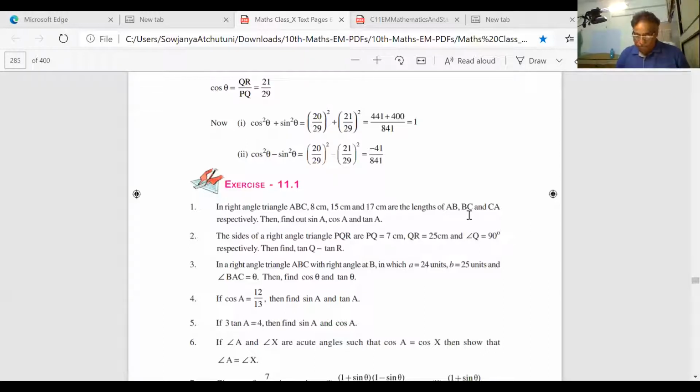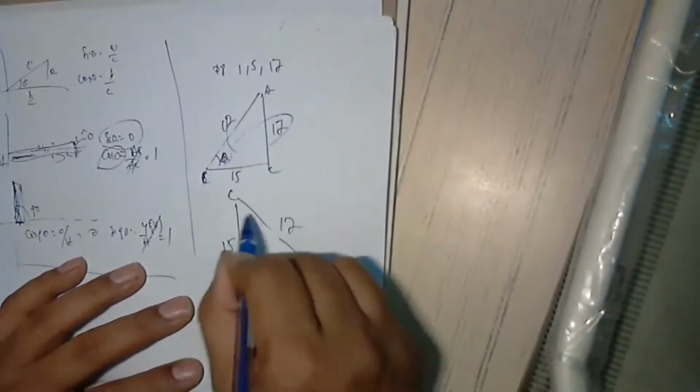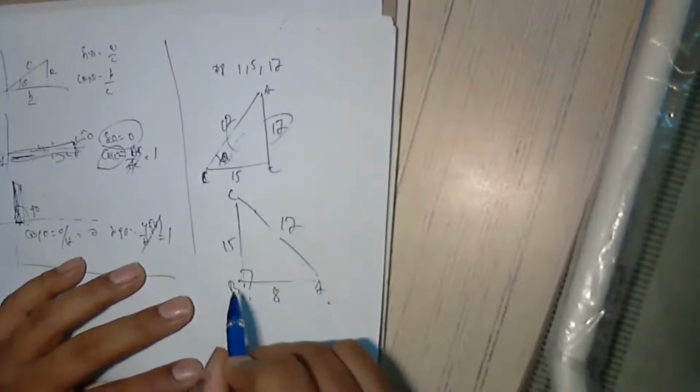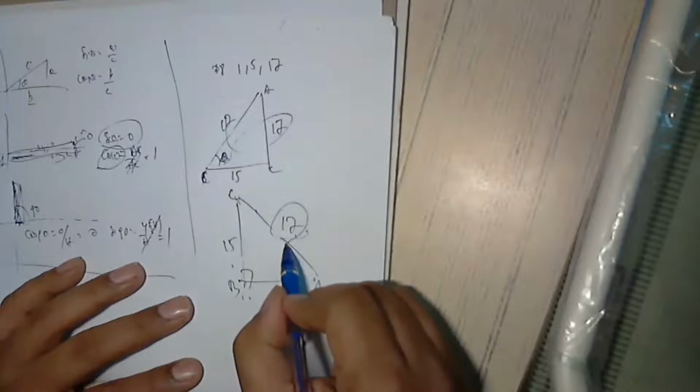Let us see. What is given here? AB 8, BC 15, CA 17. Because this is the longest, I give it the hypotenuse side.